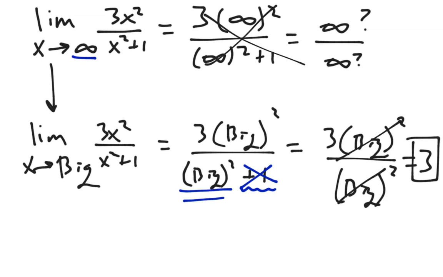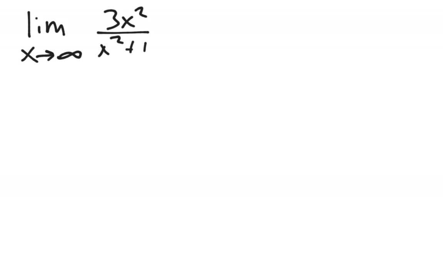Here's another way, and this is a little bit more algebraic. I'm going to multiply the top and bottom by 1 over the largest exponent. The largest exponent here is x squared, so I'm going to multiply the top and bottom by 1 over x squared.